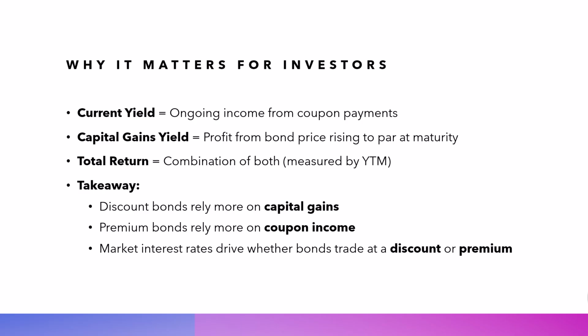Discount bonds, priced below par, give investors lower coupon income but higher capital gains potential. And premium bonds, priced above par, provide higher coupon income, but may experience price declines towards par at maturity.